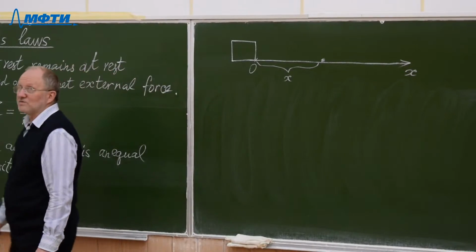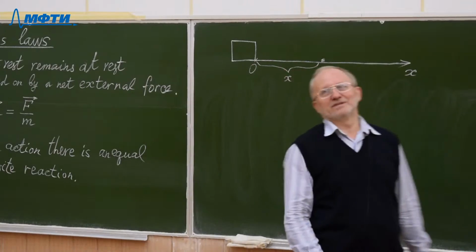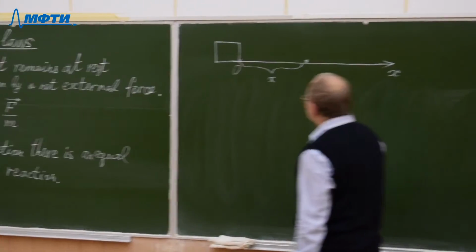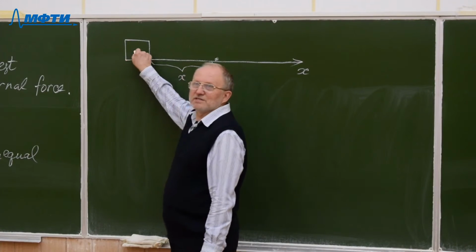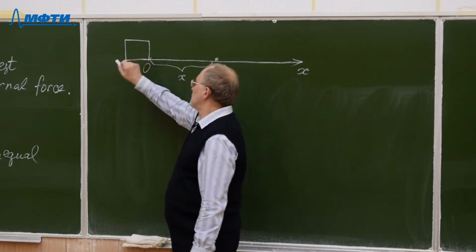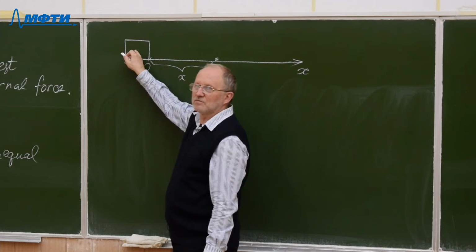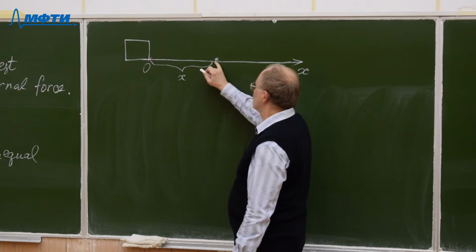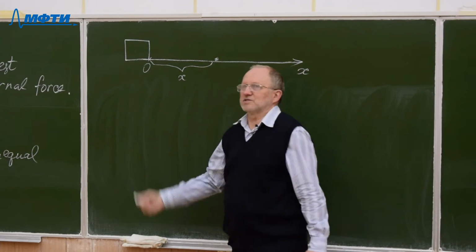Is it always true? No, not always. It may be true only in case the reference body is also at rest. If the reference body is moving with acceleration, for example, then the body under consideration will also have some motion, some acceleration.